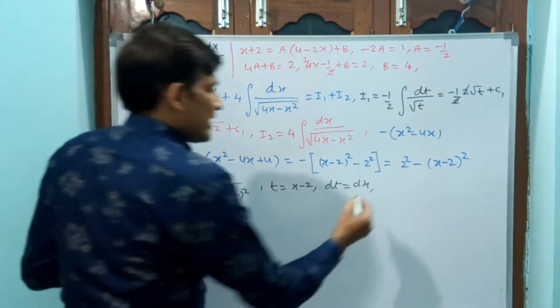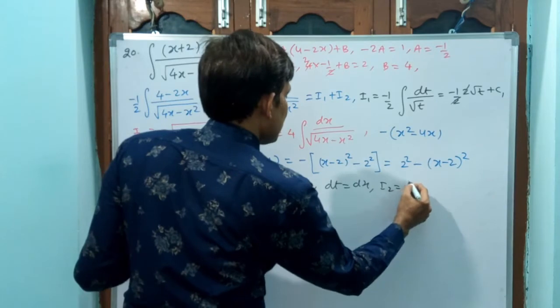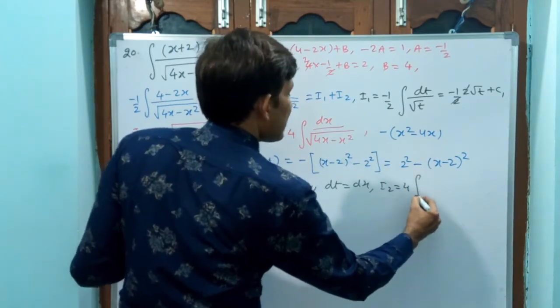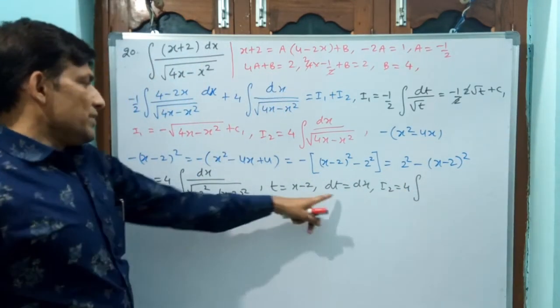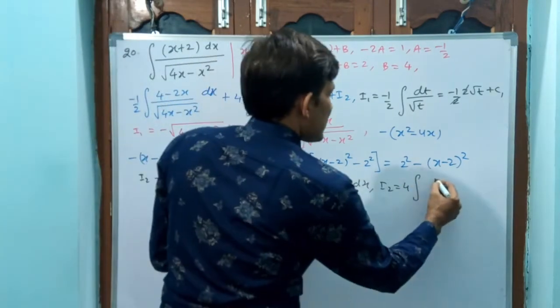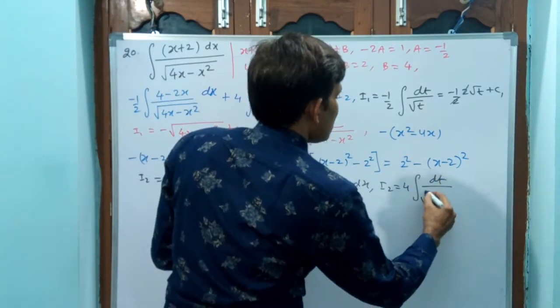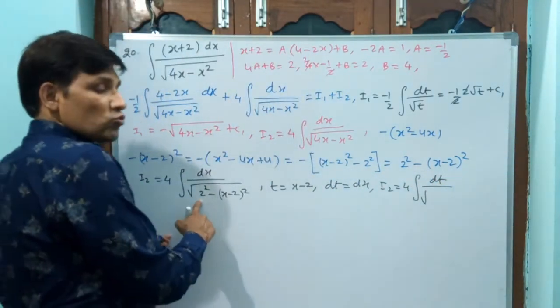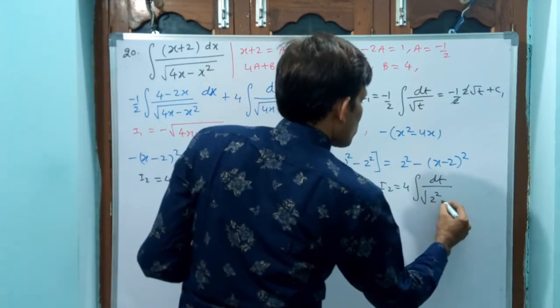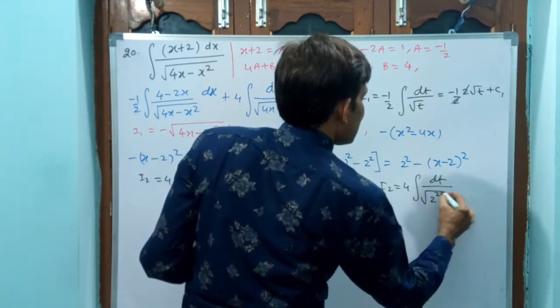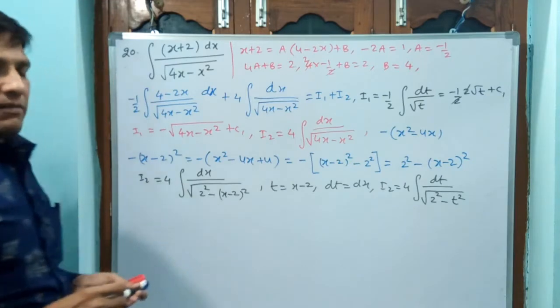Now again I2 will rewrite. I2 is equal to 4 integral, see dx will be dt, means numerator dt divided by square root of 2 square minus t square. This is the final integral.